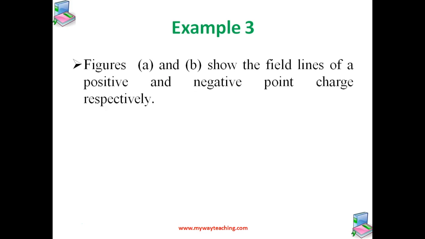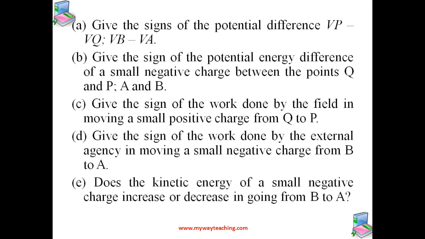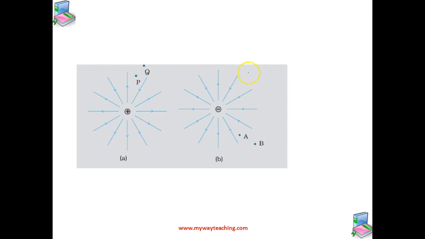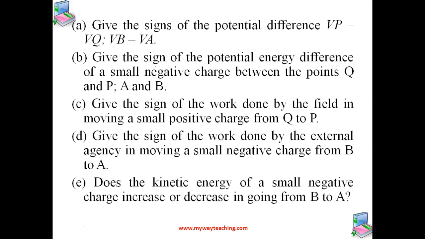Now let us see one more simple problem. Figure A and B show the field lines of a positive and negative point charge respectively. So this is the figure A and this is the figure B, the field lines of positive charge and the field lines of negative charge. Here, what they are asking, let us see. The first one is, give the signs of the potential difference Vp minus Vq, Vb minus Va.